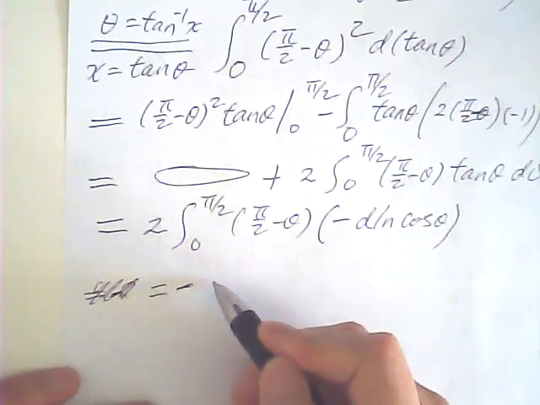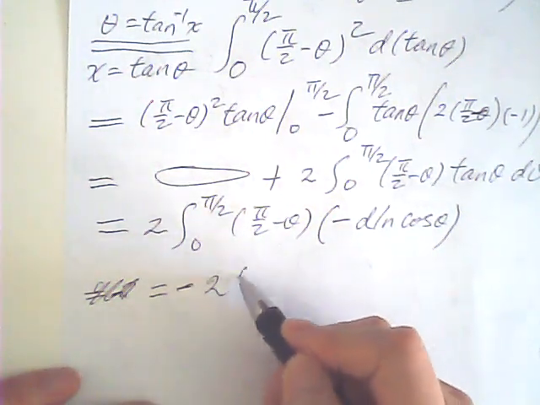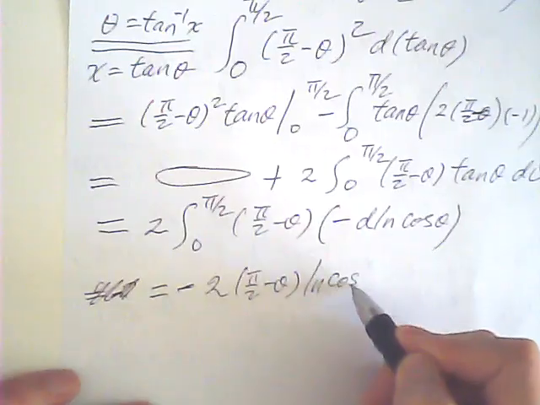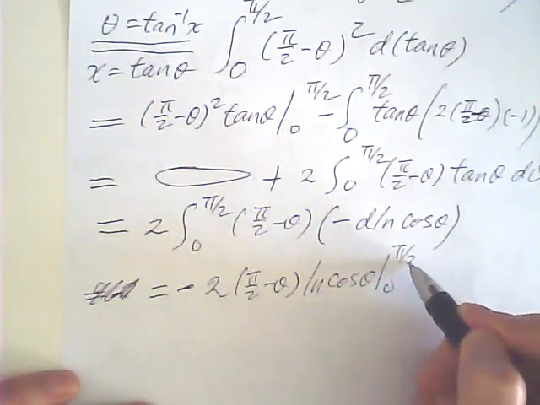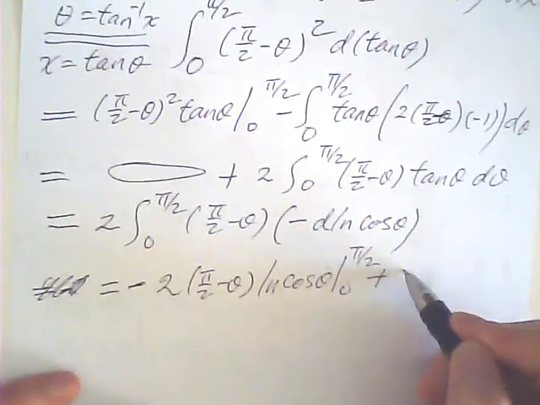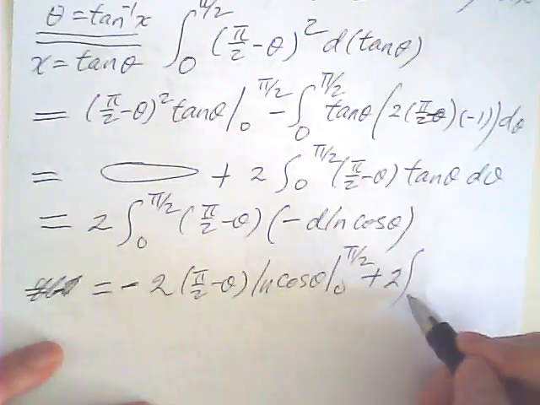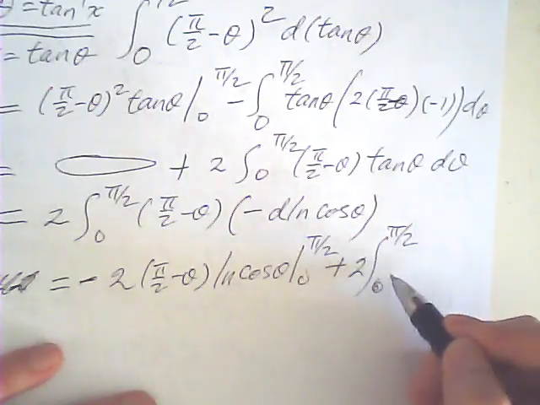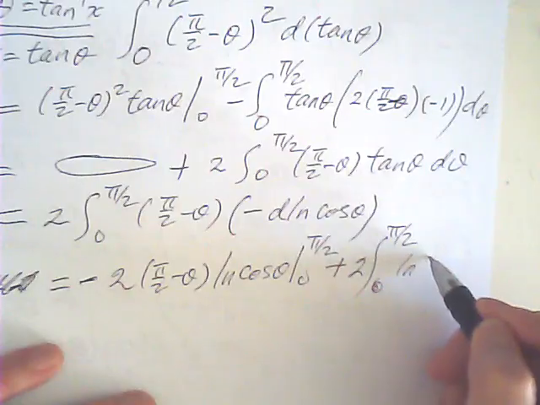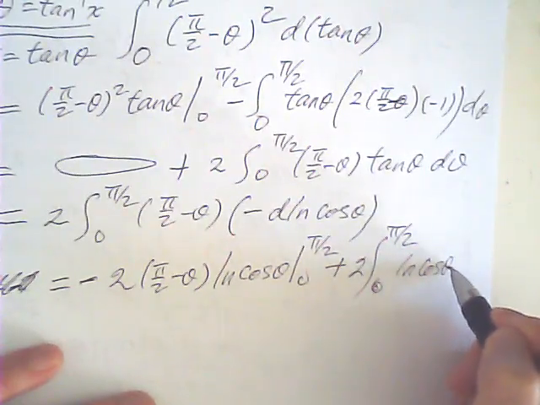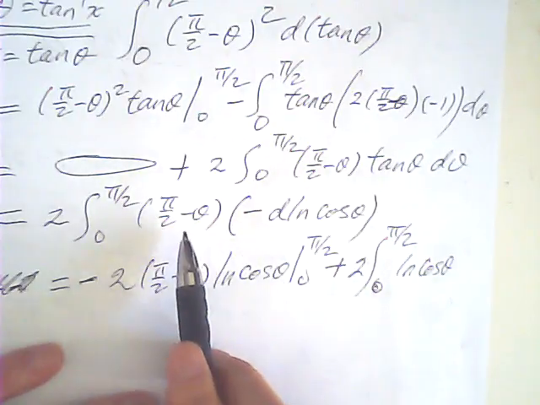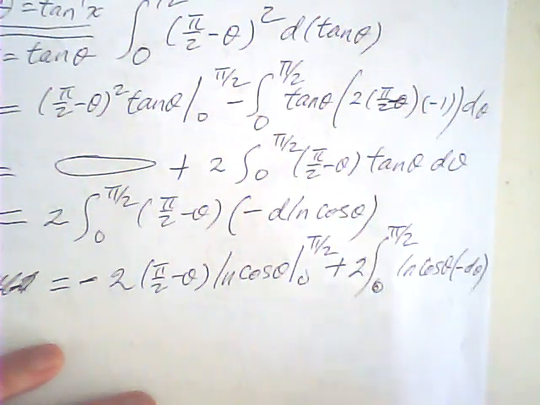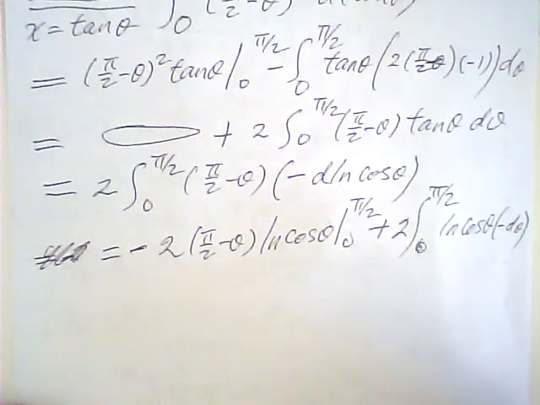Negative 2 uv, u times v, minus becomes plus v du. v is a log cosine theta. du is negative d theta. Very good.